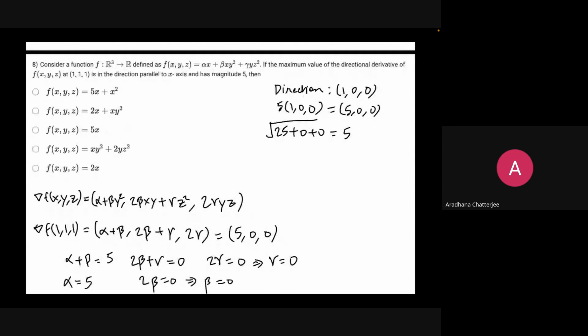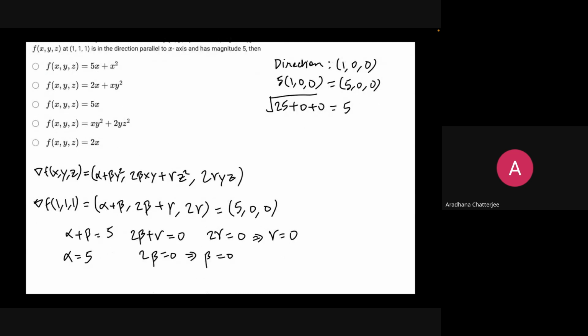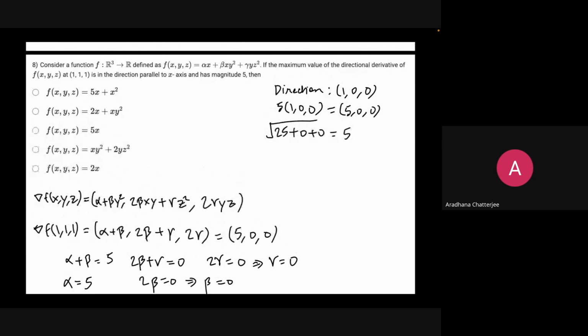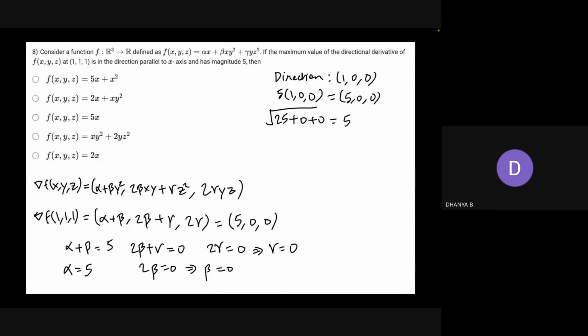Okay, so in the question it's given that the maximum value of the directional derivative of f of x, y, z at this point (1,1,1) is in the direction parallel to the x-axis.